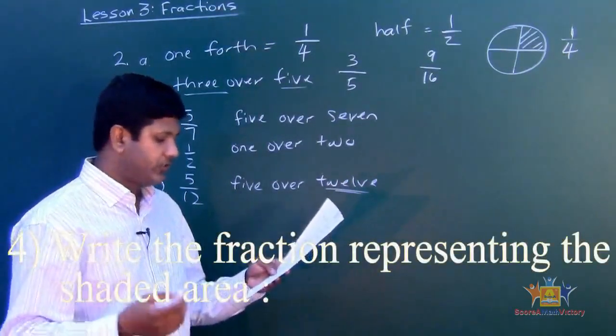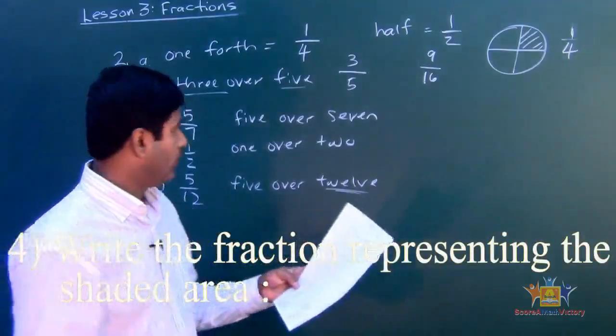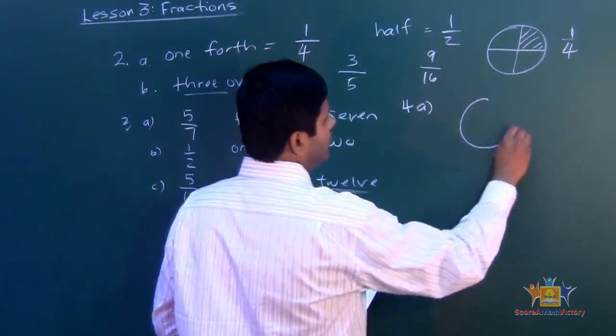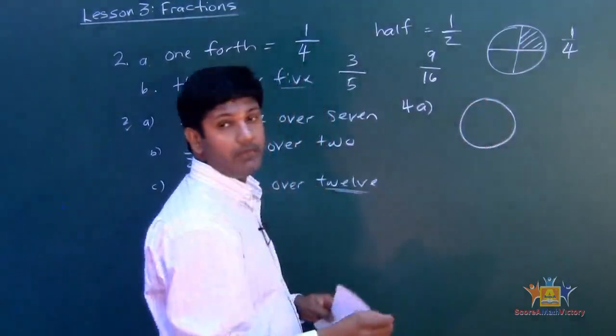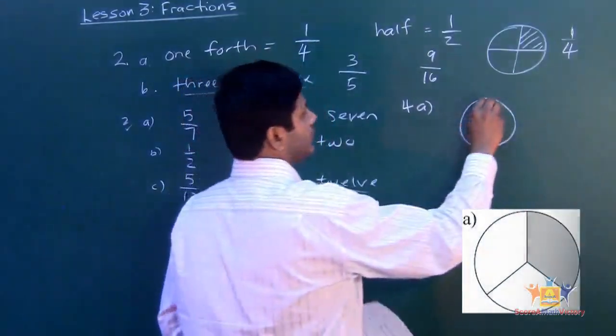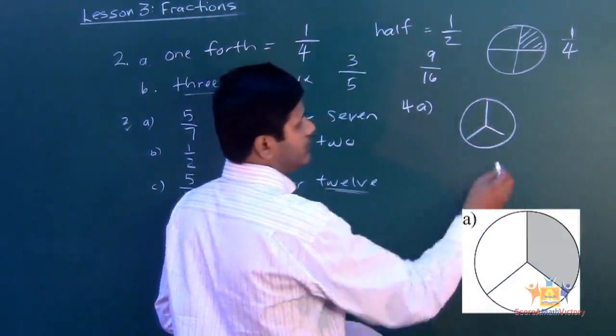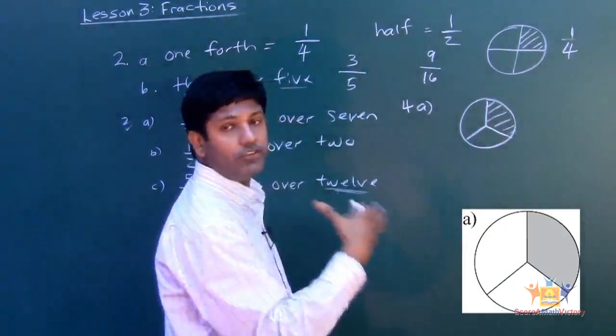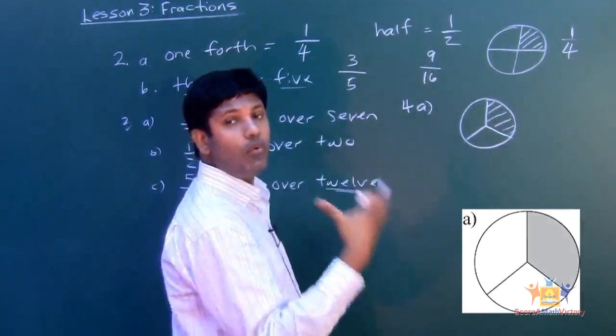Alright, number 4. Write the fractions representing the shaded area. Okay, number 4A. You're given a circle that has been divided into how many parts? 3 parts. Okay, you got 3 parts. And then how many has been shaded? Just 1. See, just like I'm saying, 3 parts and shaded how many? 1.